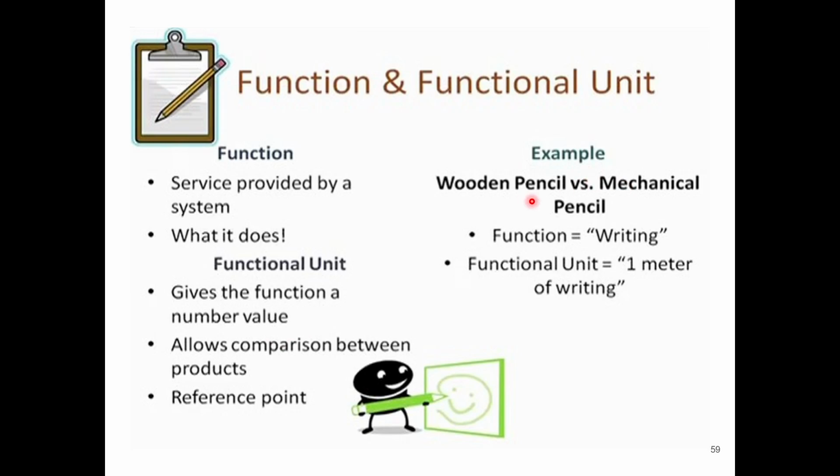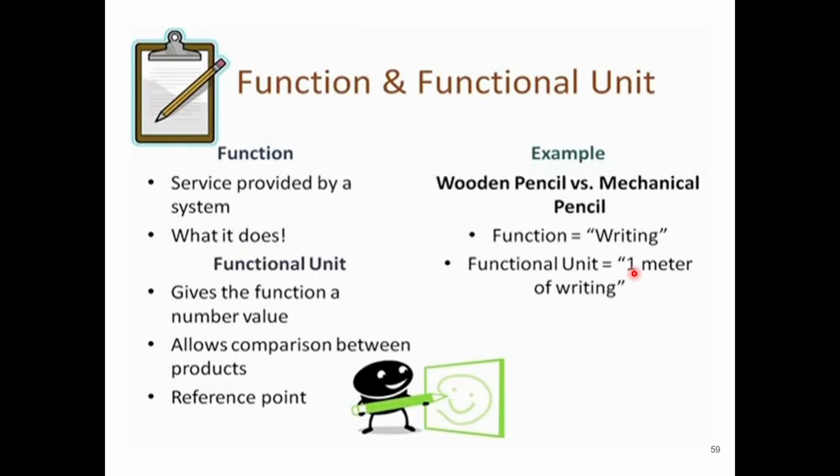So if we take the wooden pencil and mechanical pencil example, the function for both is writing, okay. The need for both was writing, and for the functional unit we can take one parameter as a number value, 1 meter of writing. Okay, so based on 1 meter of writing it can act as a reference and we can compare both in terms of longevity.